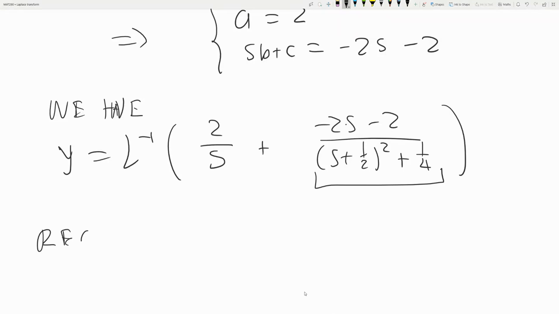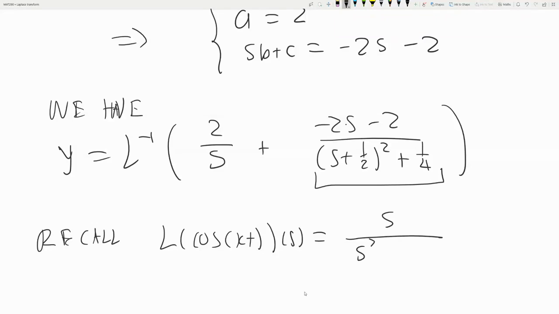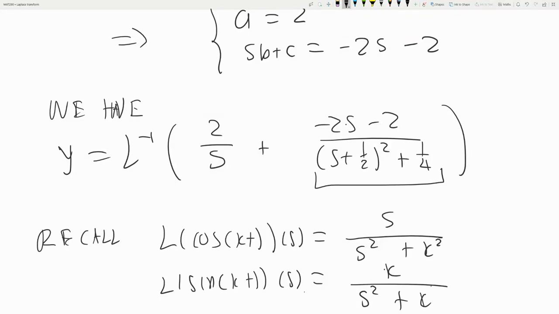So recall Laplace of cosine kt. So again, you can use the table for this. It's s over s squared plus k squared. And Laplace transform of sine kt is k over s squared plus k squared.